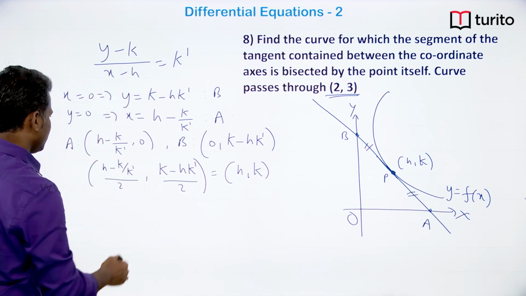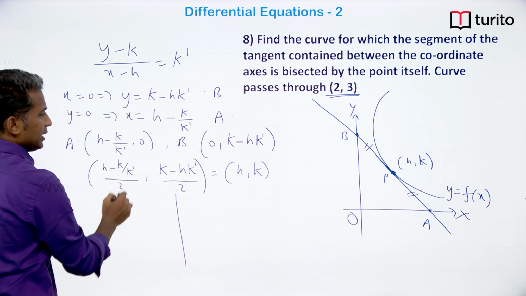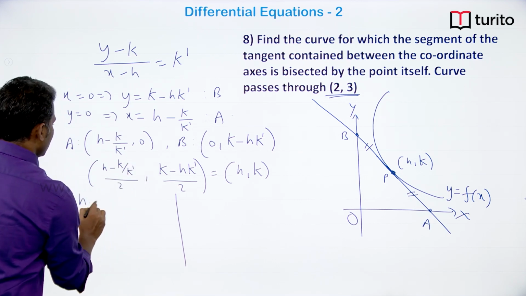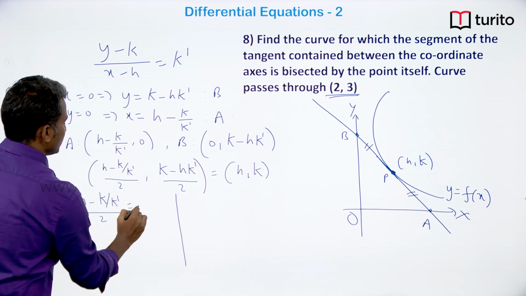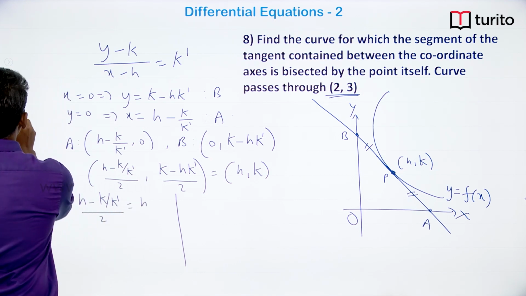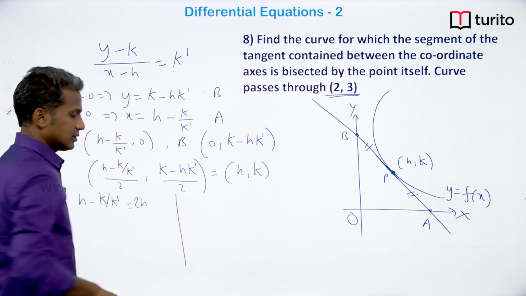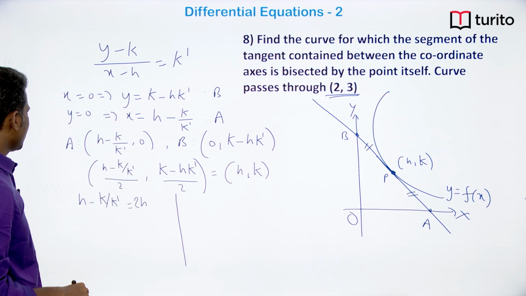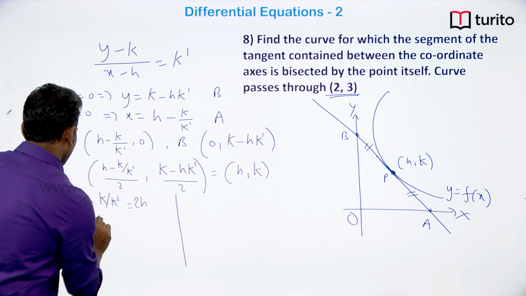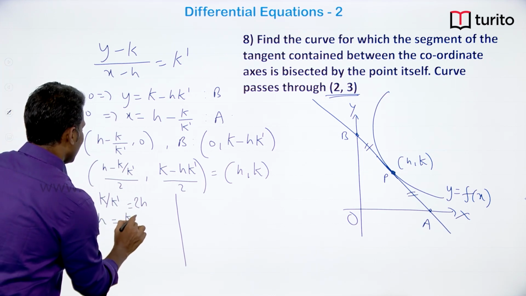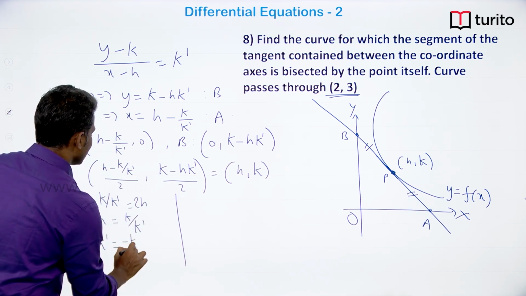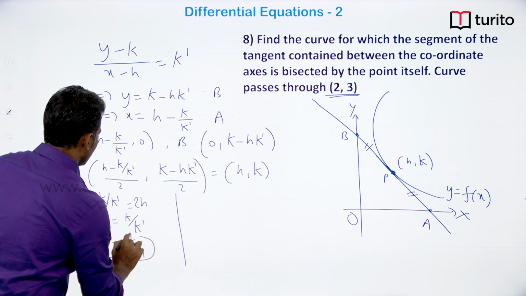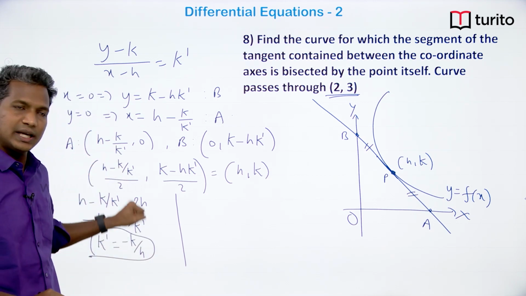When I equate the x coordinate, I am getting (h minus k/k dash)/2 is equal to h. So, I can just take this 2 to the other side and give it to h. So, it becomes 2h. Now, if I simplify this, I get minus h equal to k/k dash, or k dash equal to minus k/h. This is what we got in the first case.